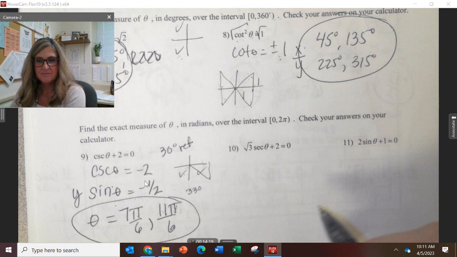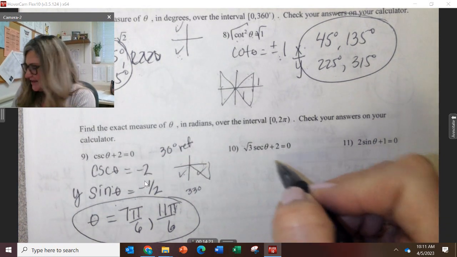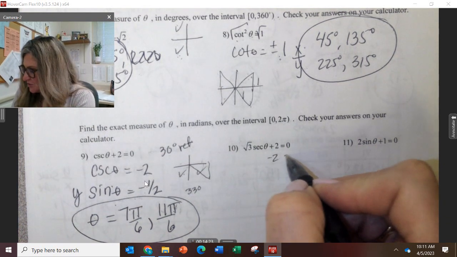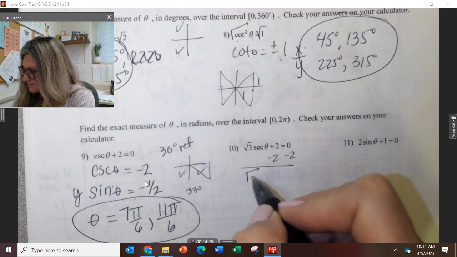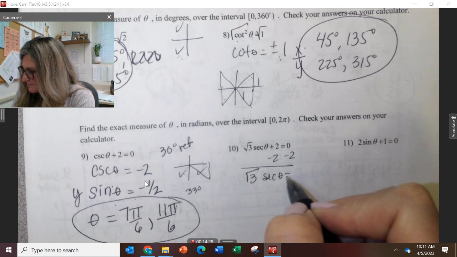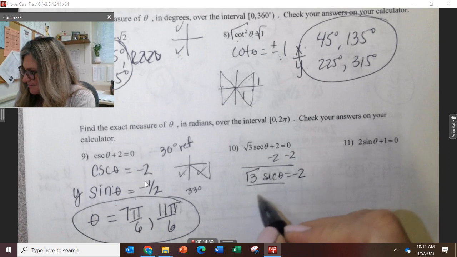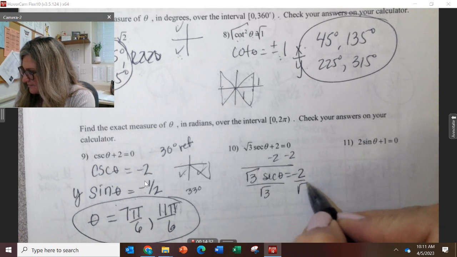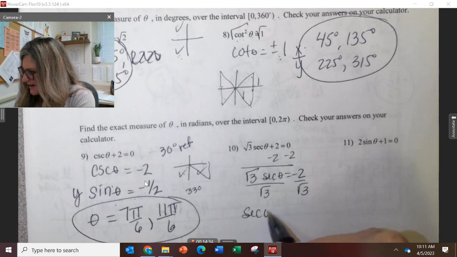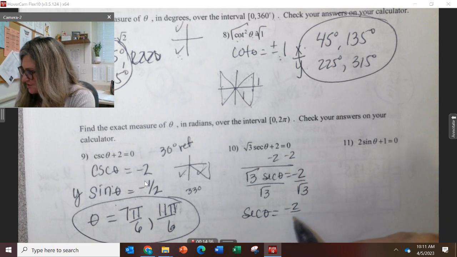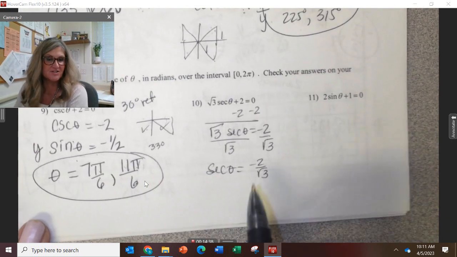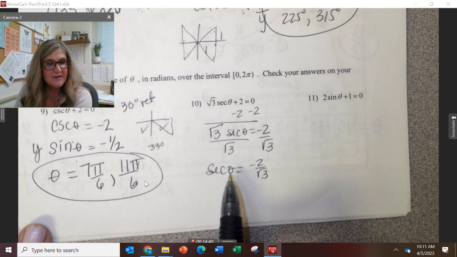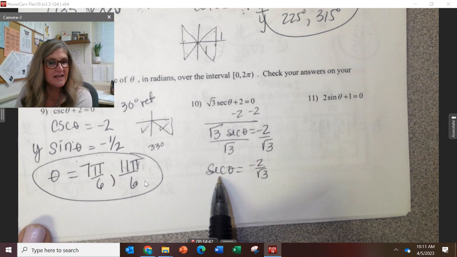Okay, take some time. All right, number 10. On this one, I have to subtract 2. I have to divide by radical 3. Now, I am not even going to bother rationalizing this. Because I always like to switch it from being secant to being its reciprocal function.